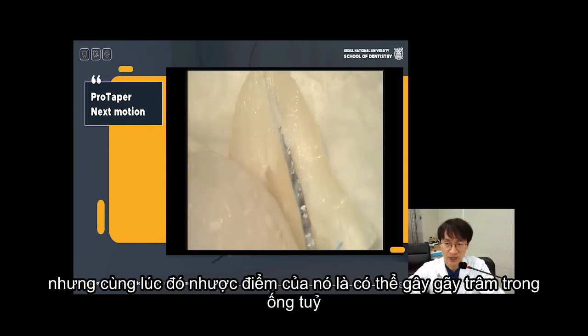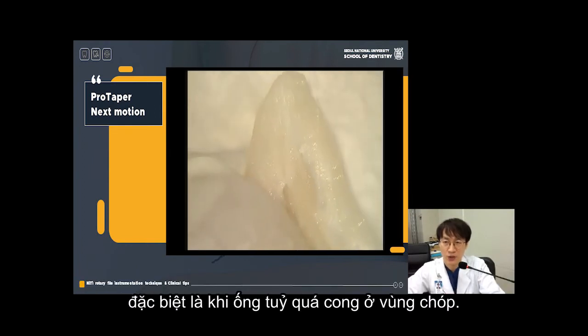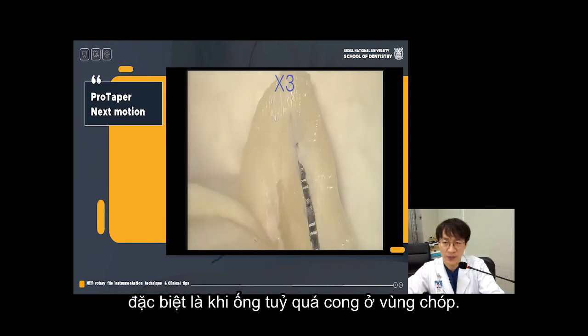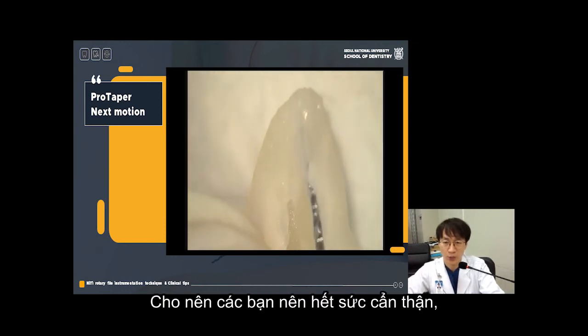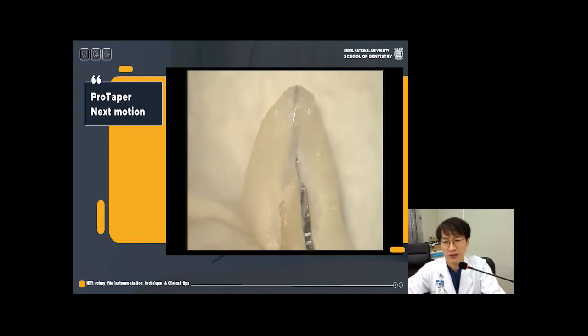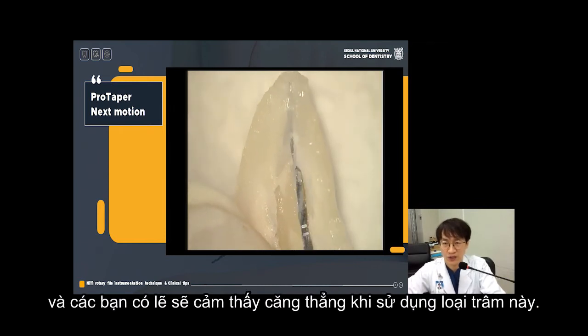But at the same time, it has a disadvantage: it can separate inside the root canal, especially when there is a severe curvature at the apical area. So you should be very careful, and you're going to get stress when you use this type of file.